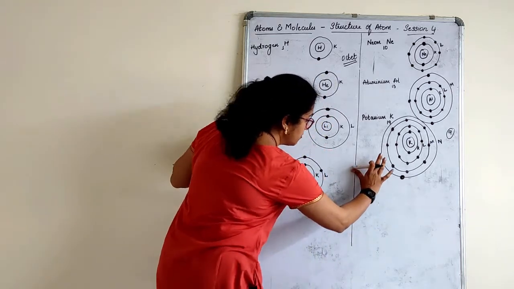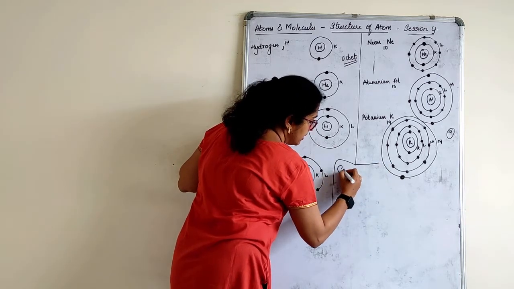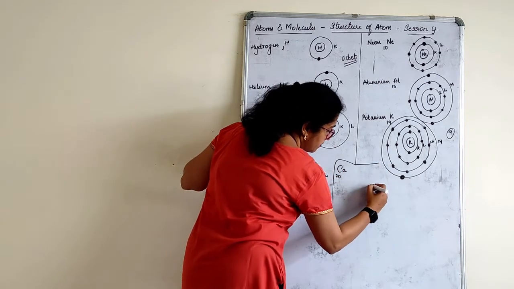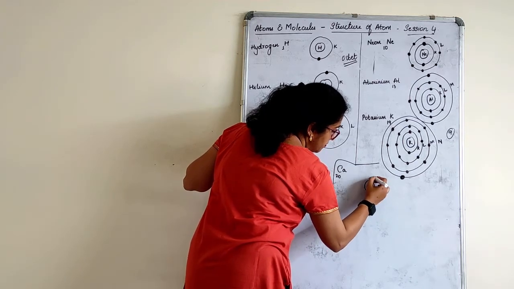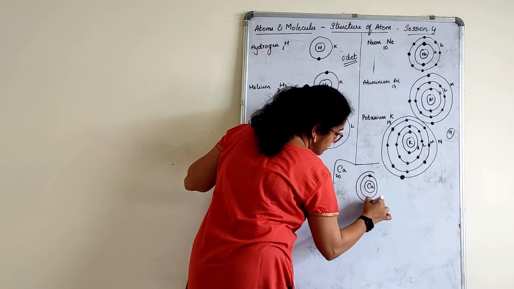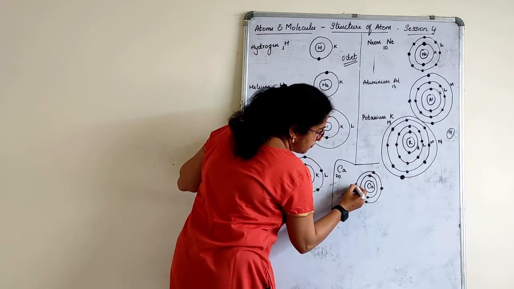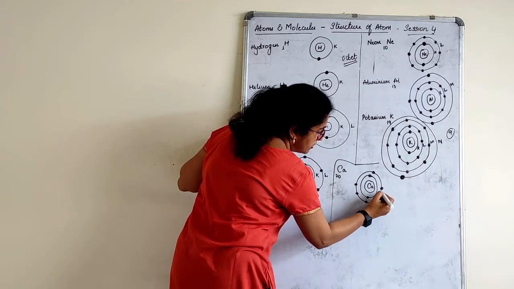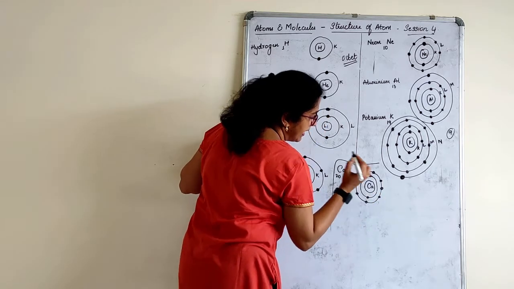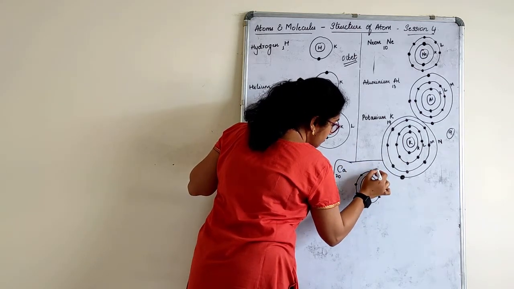Last is calcium. I just do it here so that if I do it 2 down, then you cannot see. Calcium is 20. So, this is calcium. First shell, 2 electrons, right? Second shell, 1, 2, 3, 4, 5, 6, 7, 8, 10 electrons.